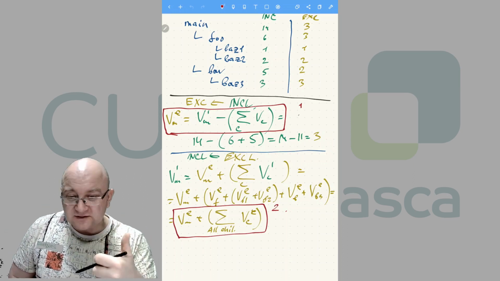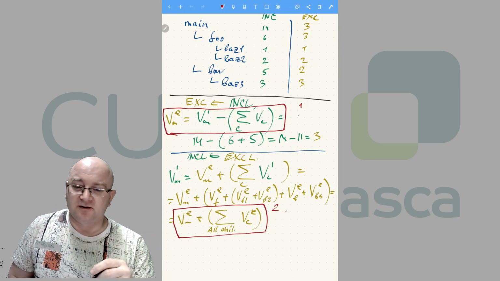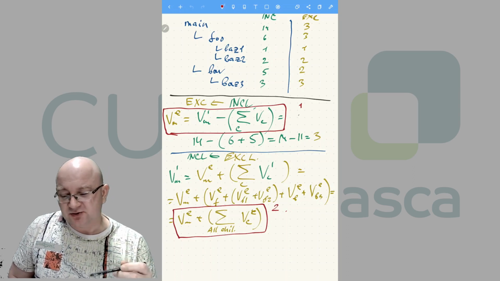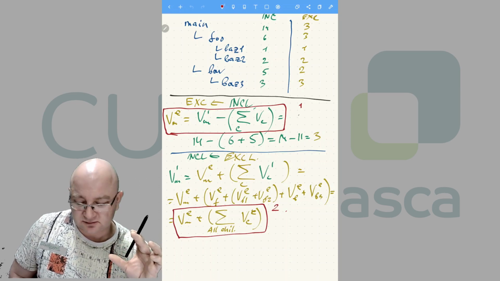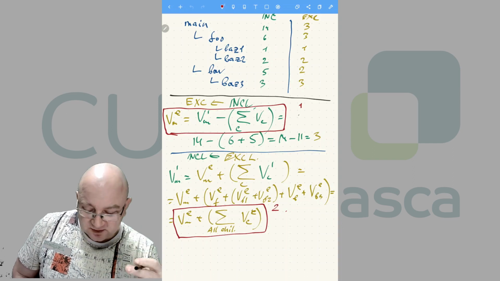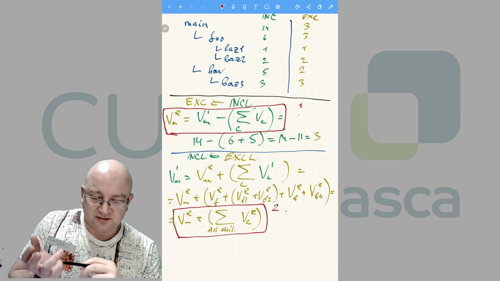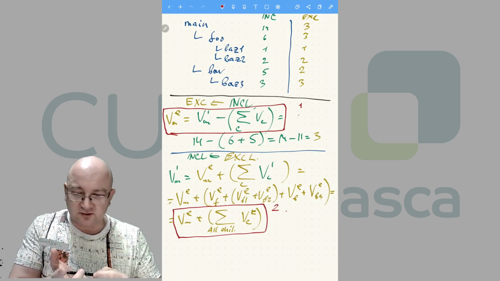If we have a post-derived metric, the inclusive value for some region might be completely unrelated to its exclusive value, because for the post-derived metric we actually formulate the expression or formula for how we calculate inclusive and how we calculate exclusive.